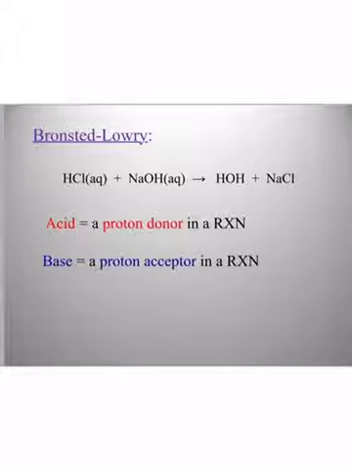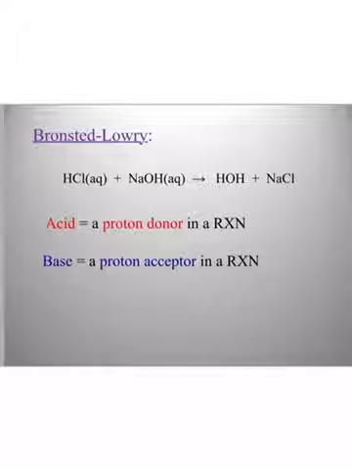The second definition that you need to know is Bronsted-Lowry. If my memory serves me correctly, the two actually didn't work together, but they were working around the same time and ended up at the same conclusion.